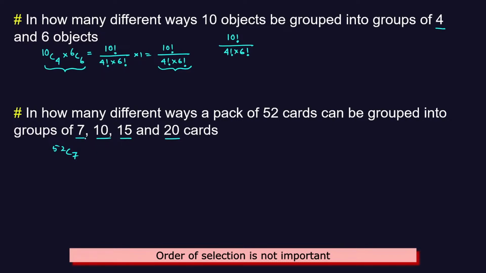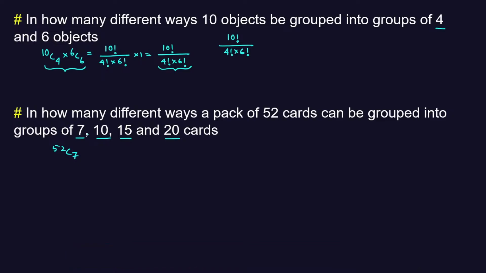So I can select objects for any group first. I'm selecting the first group, which will have 7 cards. You can start with 10, 15, or 20, doesn't matter. So 52C7 is the number of ways of selecting 7 cards out of these 52 cards. So one group is formed.